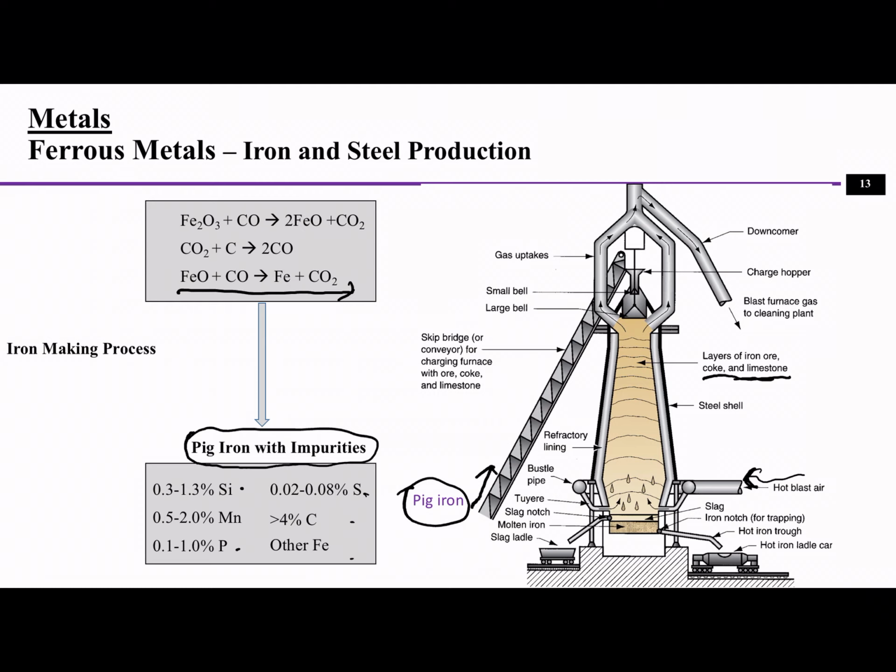And so here you will see some of the slags appear, and also the iron will be flowing out to a ladle car. This is hot iron to the ladle car. So basically, this is the general process for making iron and steel.